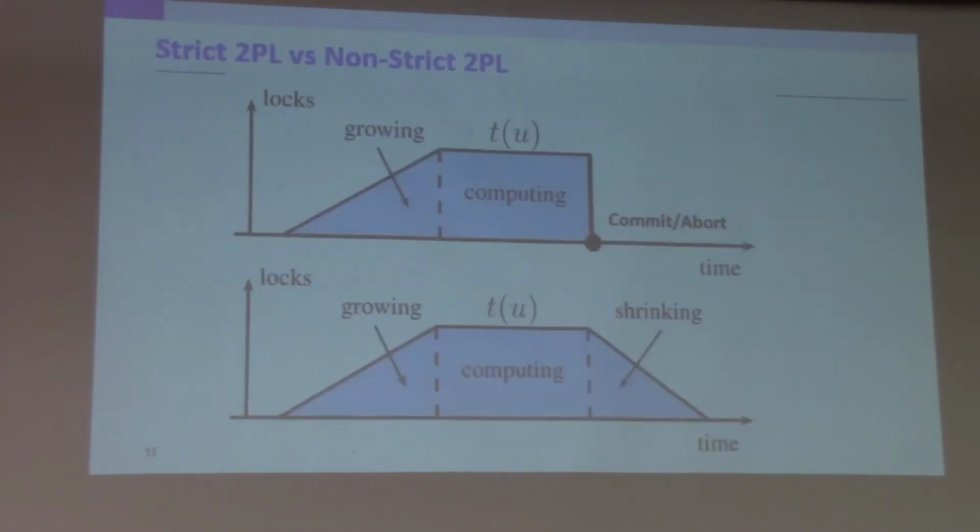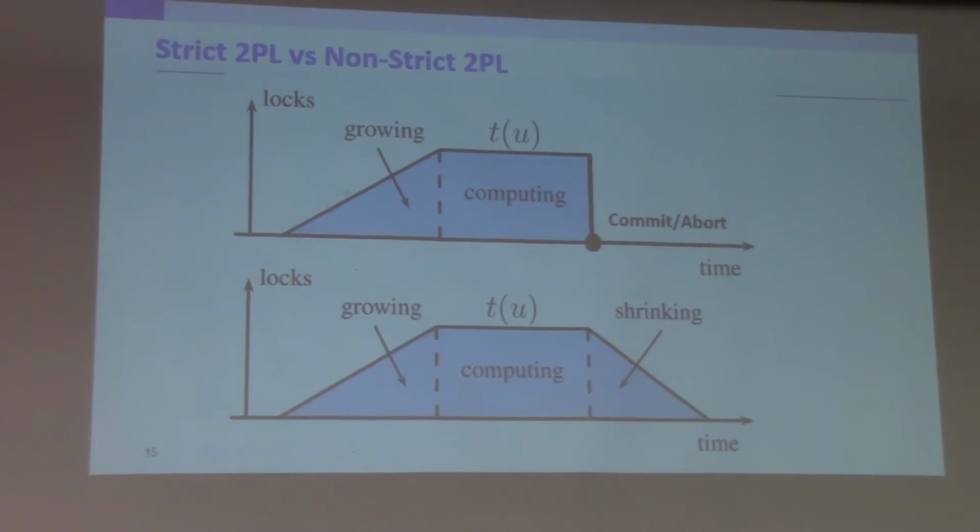If you look at the top figure here, the y-axis denotes the number of logs you have acquired and hold over the course of executing one transaction, and the x-axis is time. For strict two-phase locking, the picture looks like this.